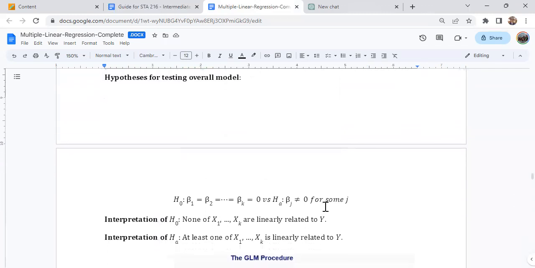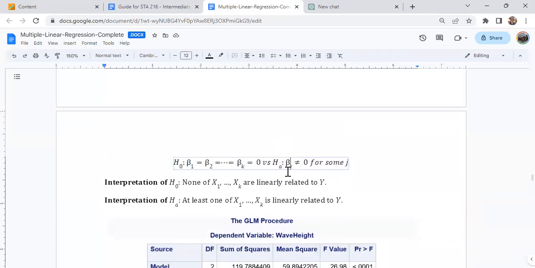For the multiple linear regression model, the F test is testing if all the slopes, so not the intercept, just the slopes, are simultaneously equal to 0, versus an alternative of at least one slope being non-zero.